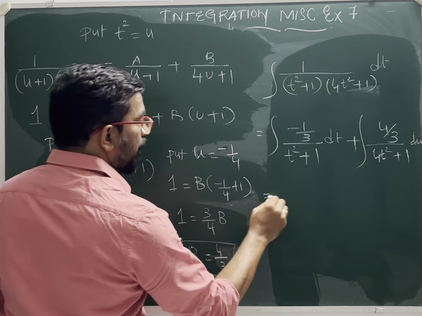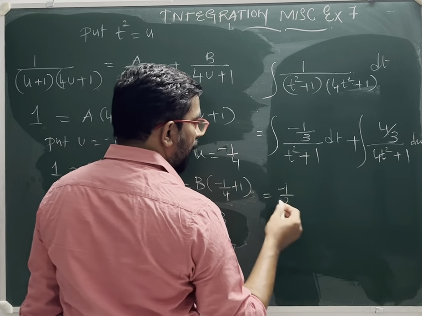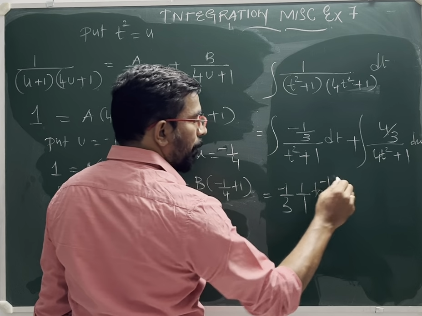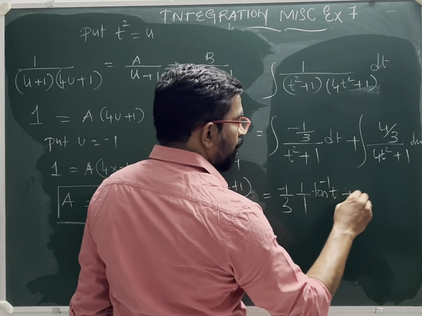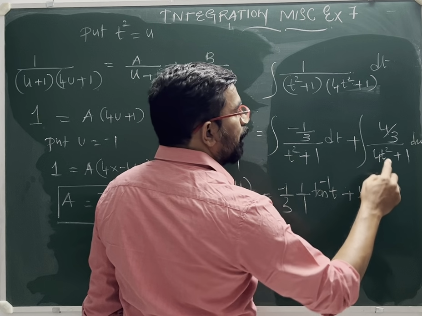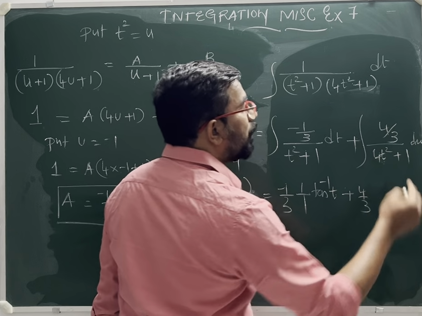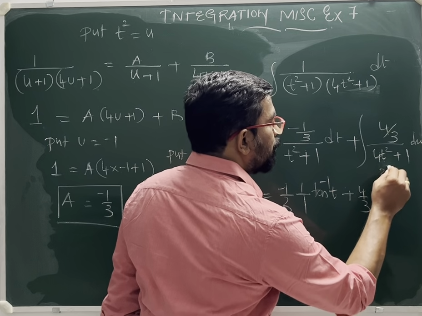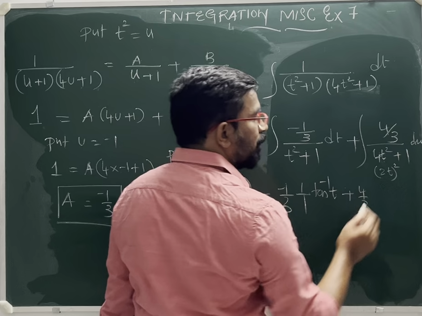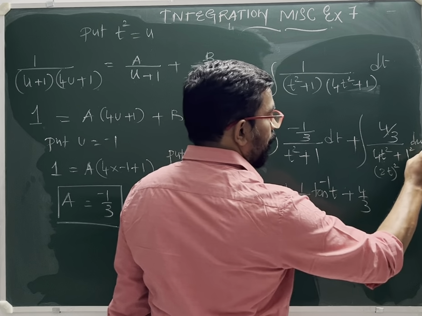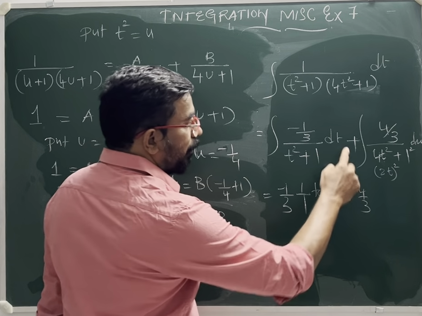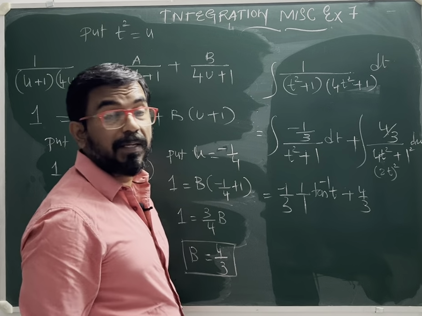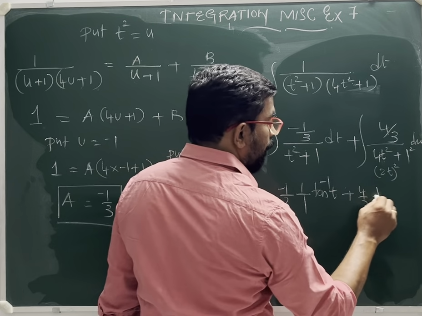So this will be minus 1 by 3, 1 by a tan inverse t, plus 4 by 3. Here this is 2t square. 4t square you need to read as 2t square plus 1 square. And this 4 by 3 is already here in the numerator. So I need to write 1 by a. What is 1 by a? 1 only.